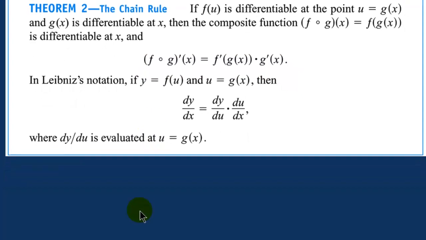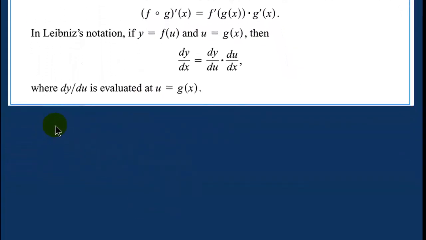Another way is, if y is defined as f of u, and u is a function of x, then dy by dx, that's the same as y prime, is equal to y prime with respect to u times du with respect to x. This is just a notation, but look at the notation. It's almost like canceling to get dy by dx, but we're not really canceling because this is not a fraction, it's just a matter of notation.